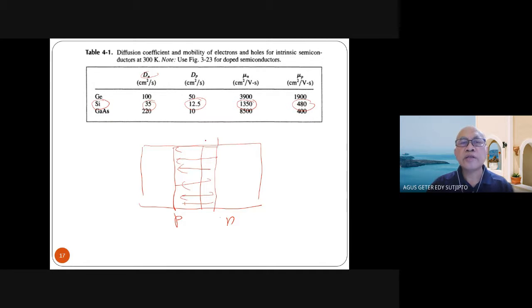So the widths will be different, the x will be different. The diffusivity of electron will be further, longer than the diffusivity of a hole. So from this we understand, and it will be different for germanium, and for gallium arsenide also different. Okay.